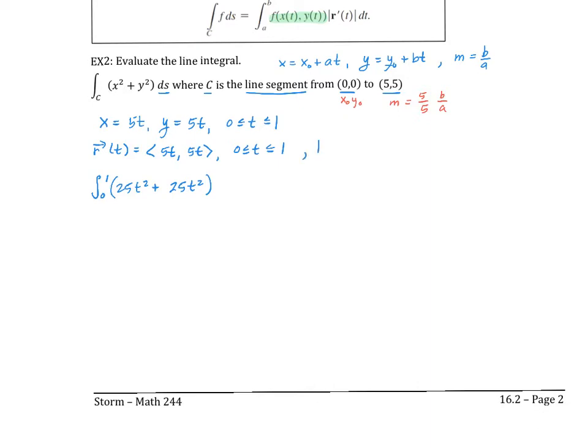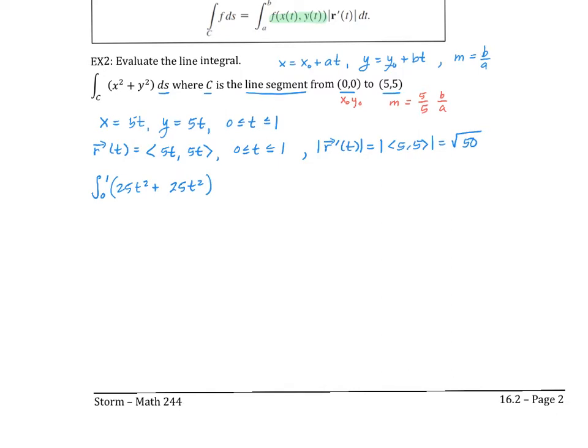The magnitude of r prime of t is going to be the magnitude of the vector. We're just taking the derivative of each component. So the vector is the vector 5, 5. And that would simply be the square root of 25 plus 25, or 50.